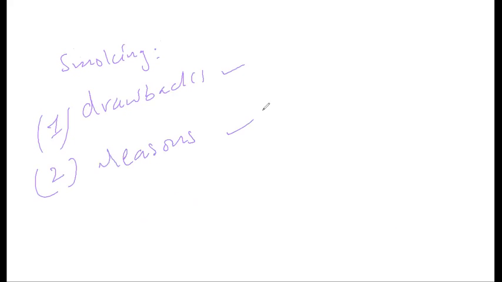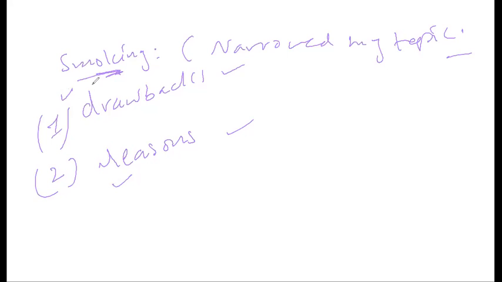These two patterns I'm going to use to write about smoking. Now, what I've done, I have narrowed my topic. So my topic would be around drawbacks and reasons. So I've narrowed it down, right?